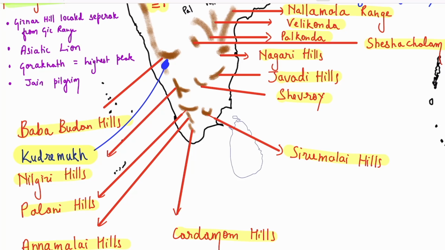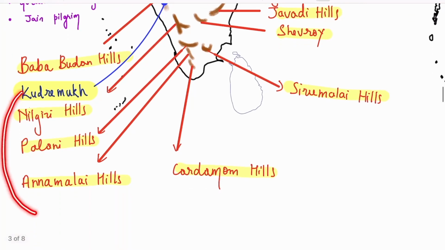It is located in Karnataka, and it is very important because of the minerals, particularly the iron ore found here. It is particularly important because many rivers have their origin here, particularly three rivers.